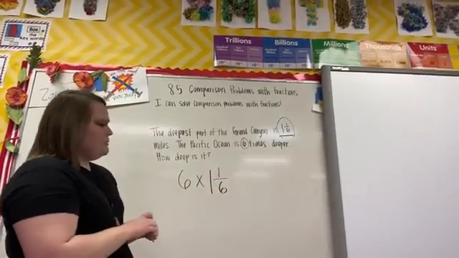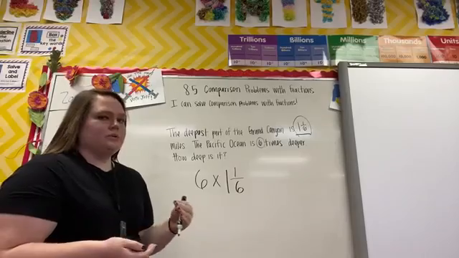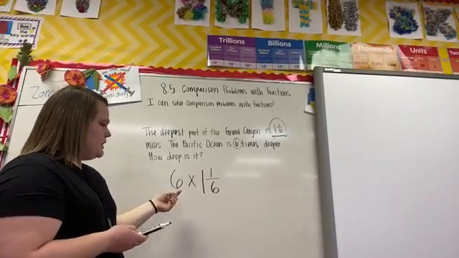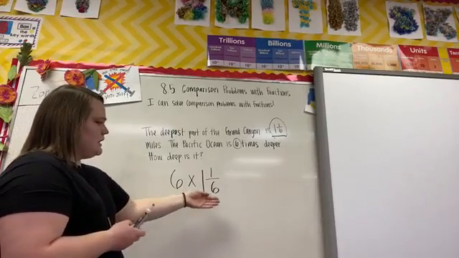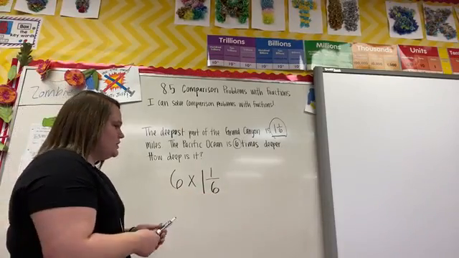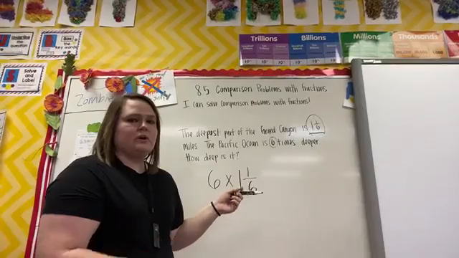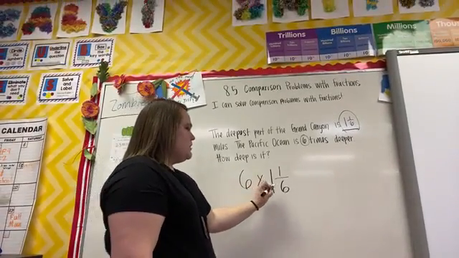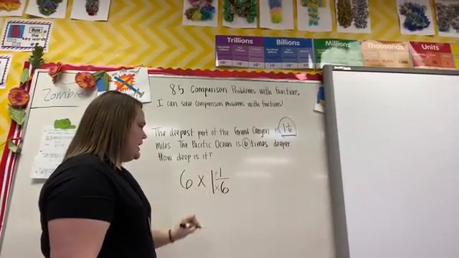Okay, so remember, when we do problems like these that have a whole number multiplied by a mixed number, we need to turn our mixed number into an improper fraction. That is step 1. So I'm going to times and add.